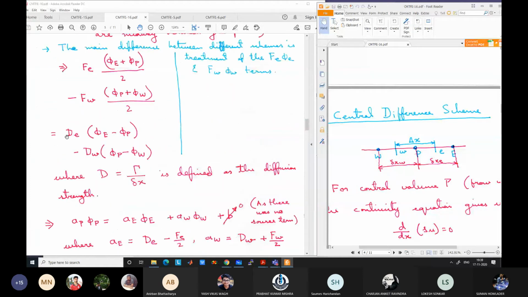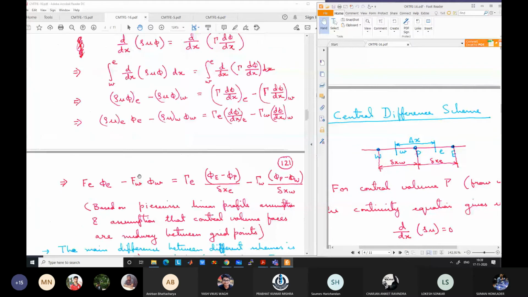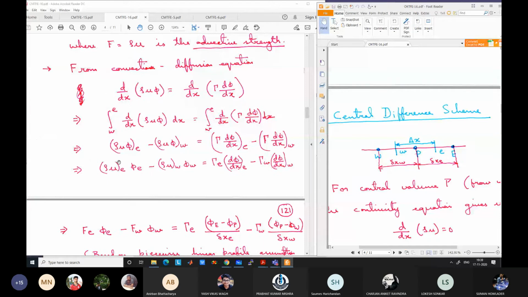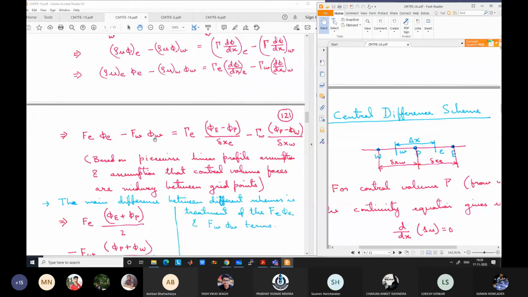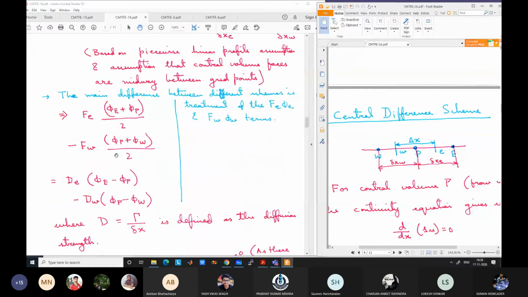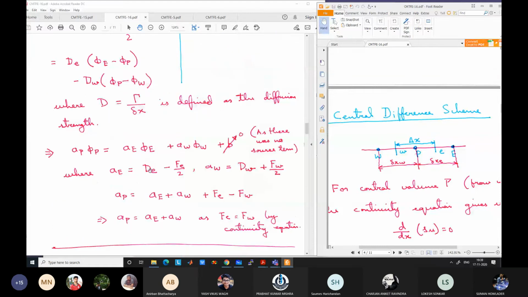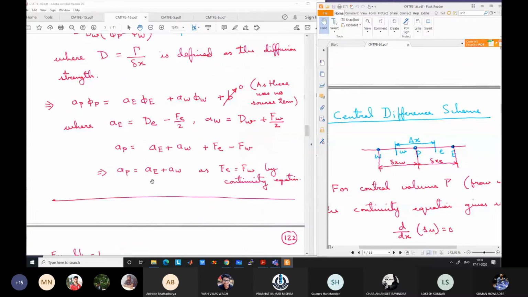You may not remember DE, FE these terms, but at least you will remember how to integrate over this and find out this type of terms and how to interpolate phi e and phi W. Maybe you will not be able to write in terms of Fe or FW if you don't remember, but you will be able to write in terms of rho u at e and gamma by delta Xc, things like that.